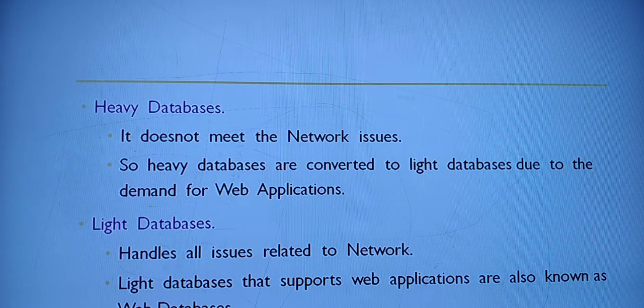So normally all the heavy databases are converted into light databases. Why are they converted? Nowadays there is a big demand for web applications only. So all the desktop applications are converted into light database, that is your web applications. The light database can handle all the issues related to the network.